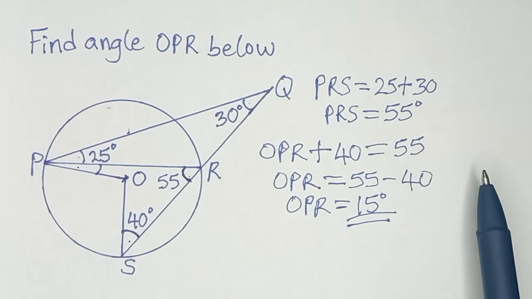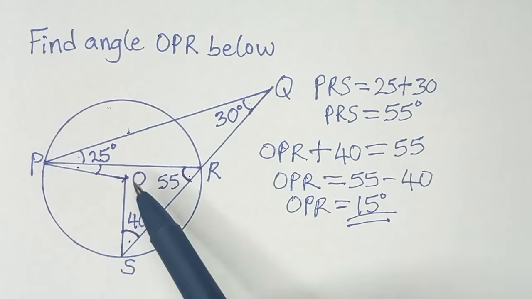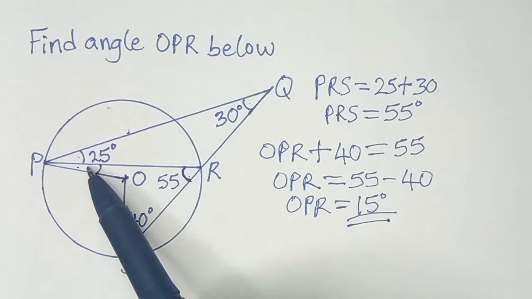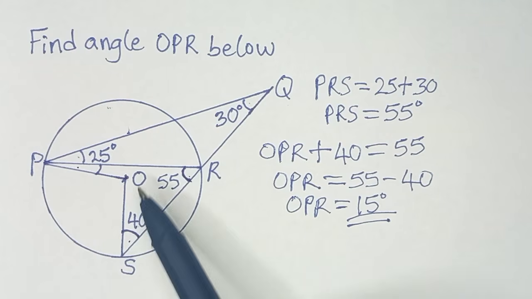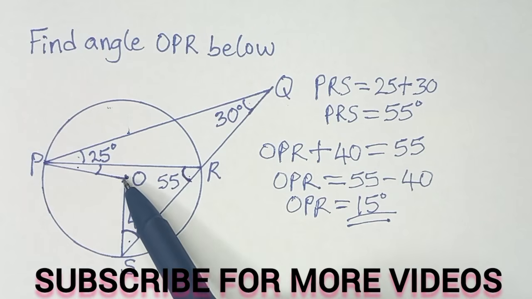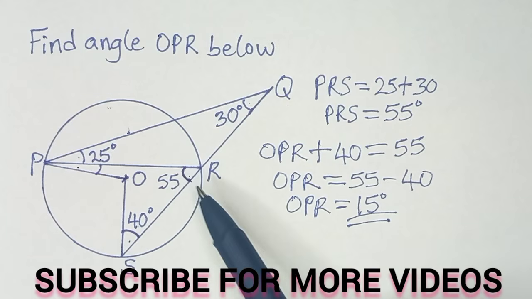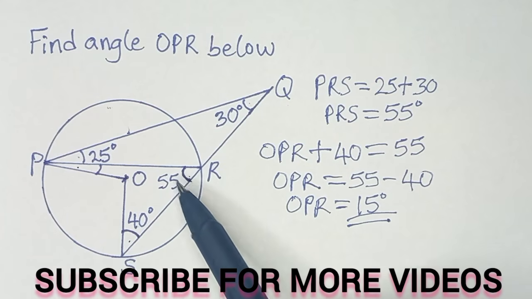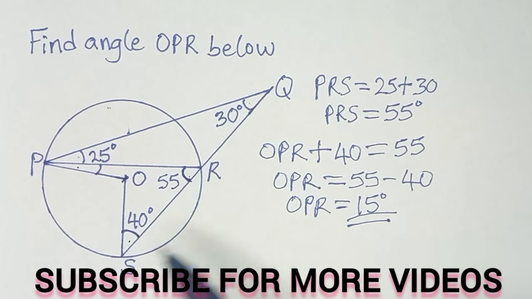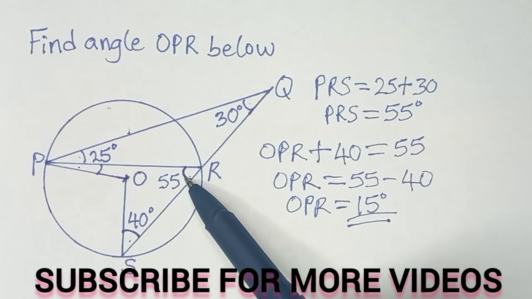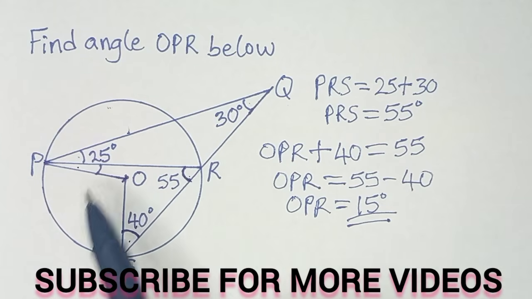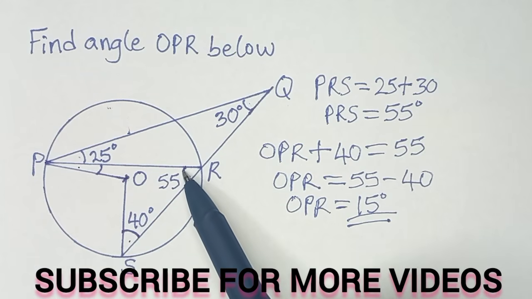Hope you have fully enjoyed this video. And please, in case you don't know the short method idea that I've applied here, what you just need to do is to check some of my videos where I've been able to show you that these two angles here will later become the sum of adjacent base angles of two isosceles triangles, because this 40 will become 40 here as base angle of an isosceles triangle, and this angle here will also be the angle at this end to be base angle of an isosceles triangle.